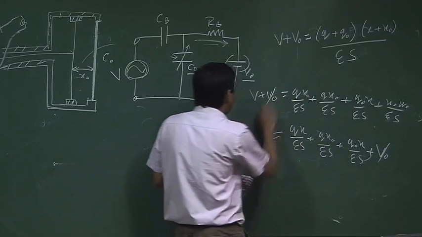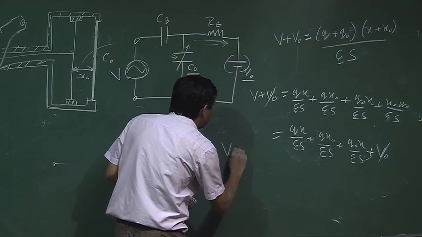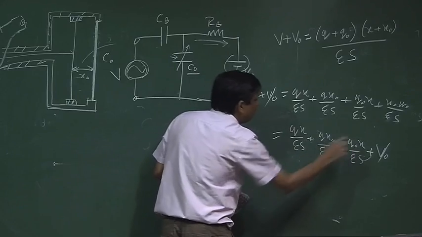So, V0 is cancelled, and the variable voltage V is nothing but these three terms.